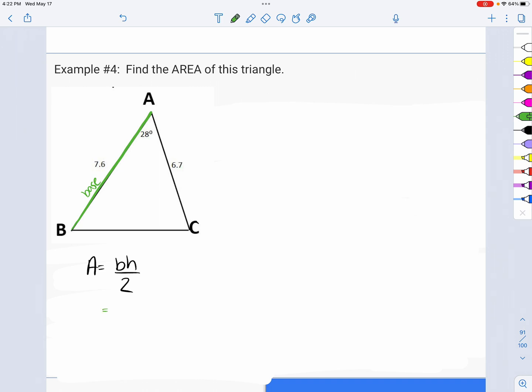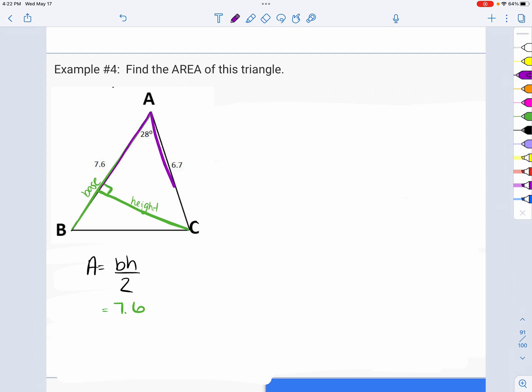Oh, okay, so then I can say the base is 7.6. The height would be something close to this, right? So perpendicular to the bottom and going to point C. That's the height. I don't know the height, but the height of something is always part of a 90-degree angle.